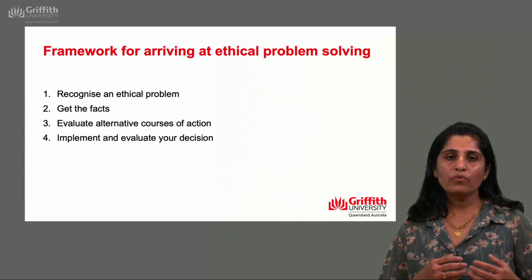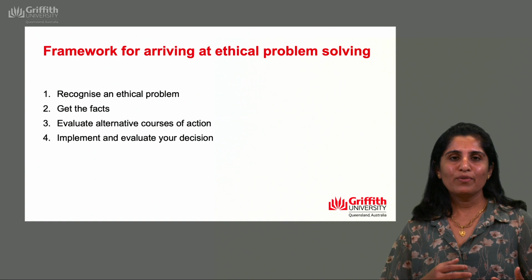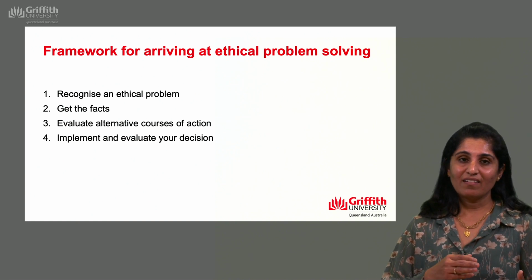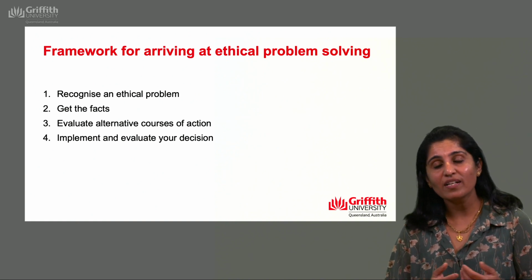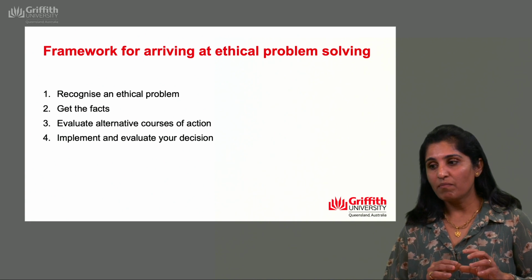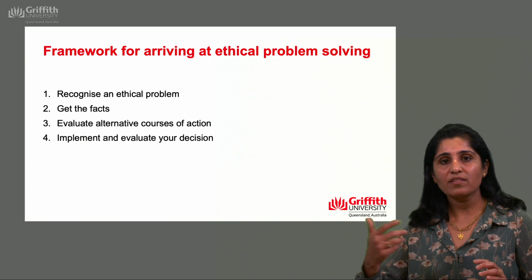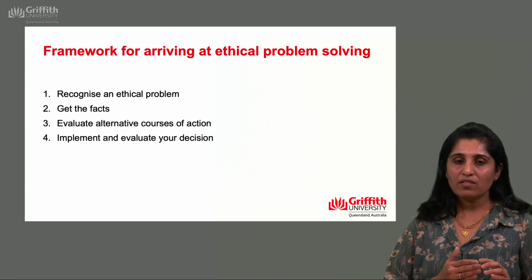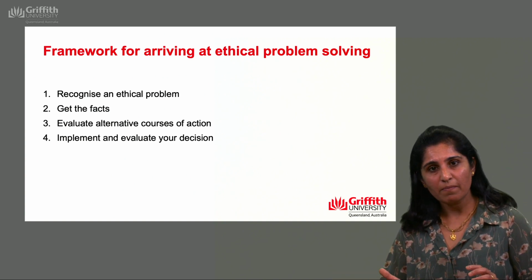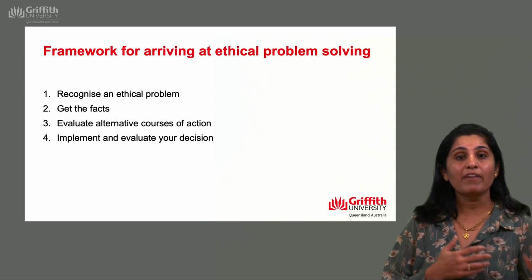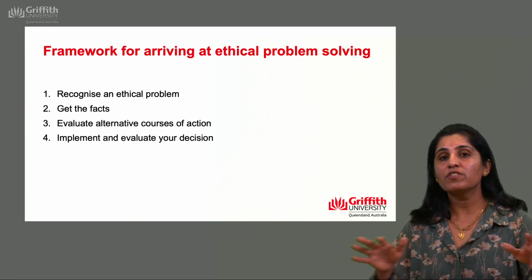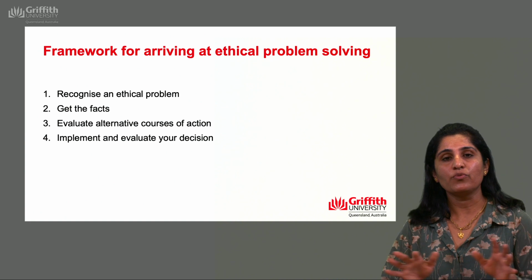So how do you solve the problem? When you solve a problem, recognize that the problem has got an ethical concern. Think about its impact on different stakeholders. Think about your customers, suppliers, employees. Does your decision impact them negatively? If yes, get the facts. Talk to different stakeholders, different people, different institutions.